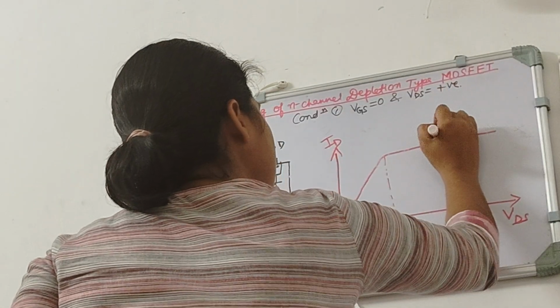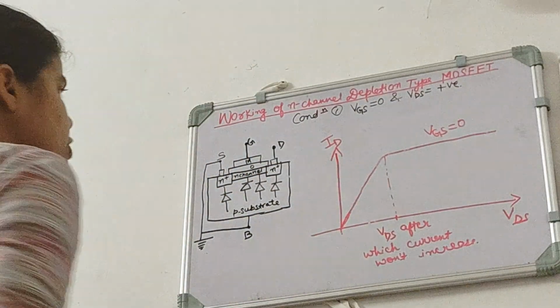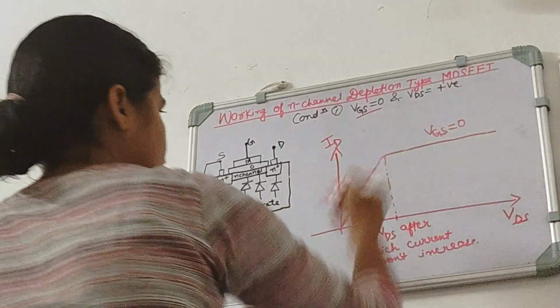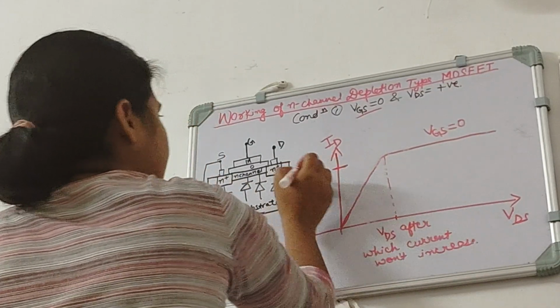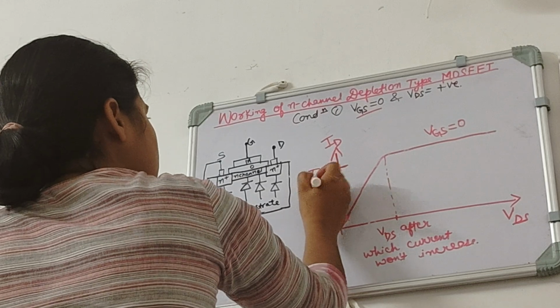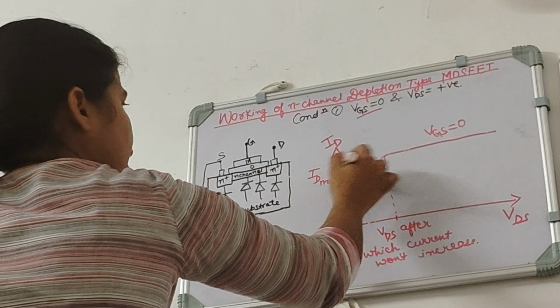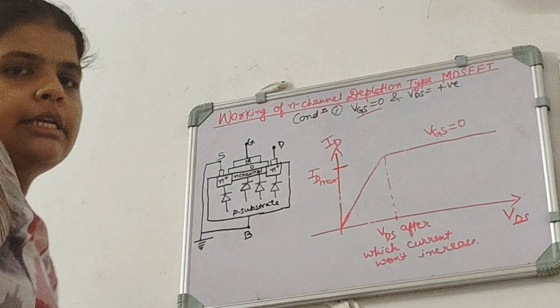And in this process, our VGS is considered to be 0, as I have written in the condition that VGS equals 0. So this is our ID max in this condition, because after this ID max value, our current won't increase.